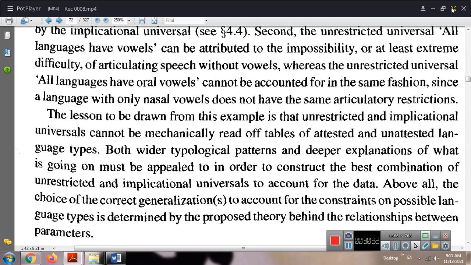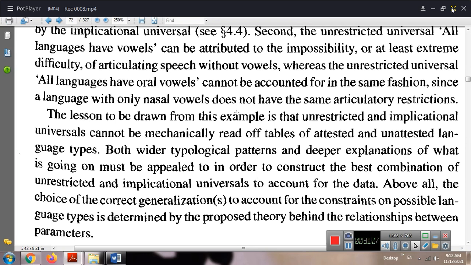Okay. The lesson to be drawn from this example is that unrestricted and implicational universals cannot be mechanically read off tables of attested and unattested language types. Both the typological patterns and a deeper explanation of what is going on must be appealed to in order to construct the best combination of unrestricted and implicational universals to account for the data.